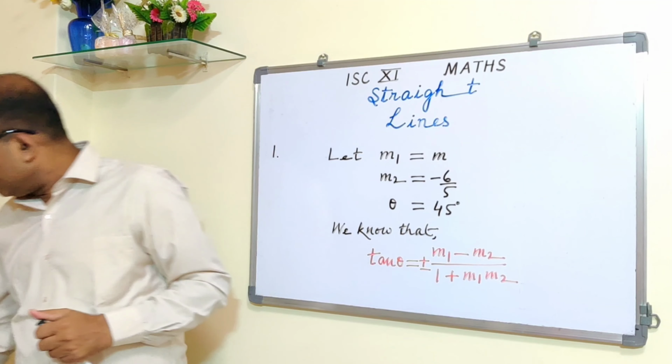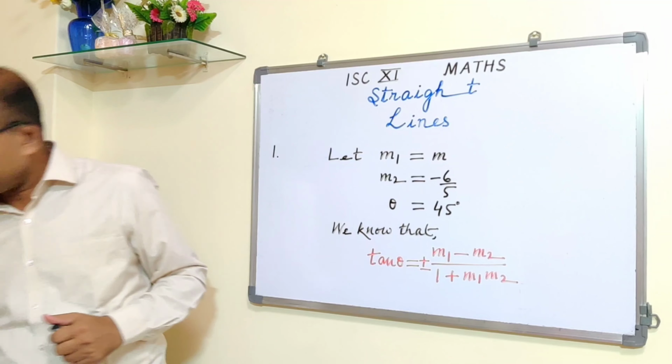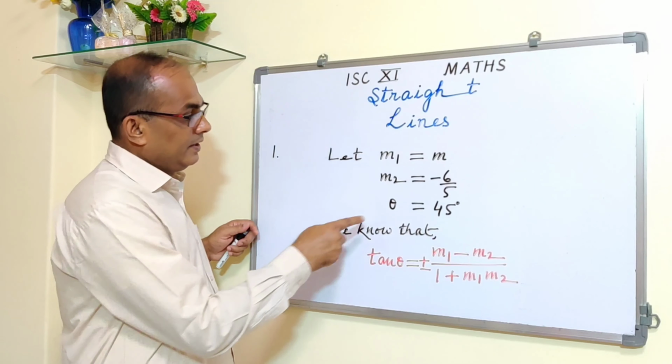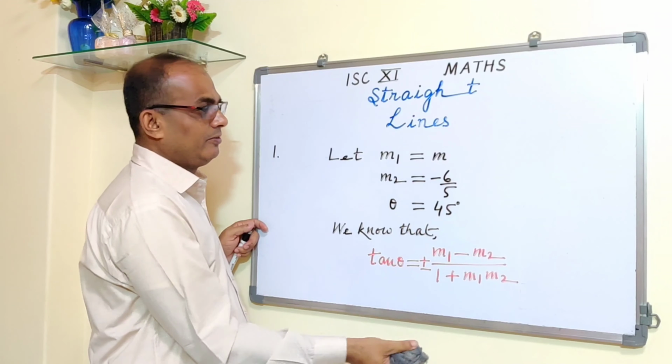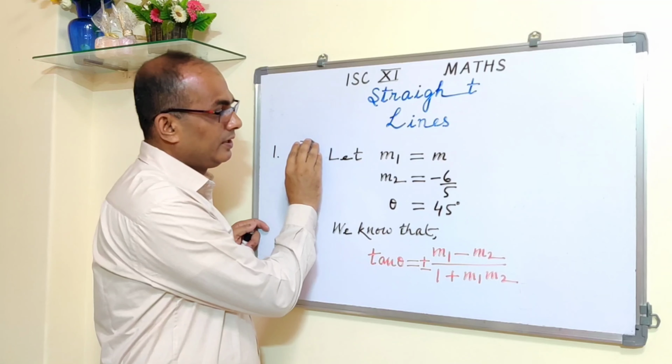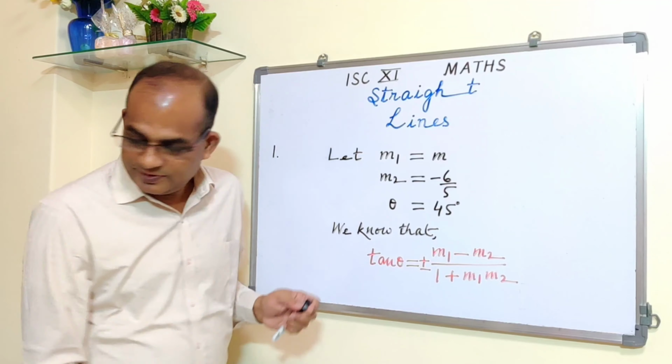So theta is 45, m2 is minus 6 upon 5. Let me substitute here.